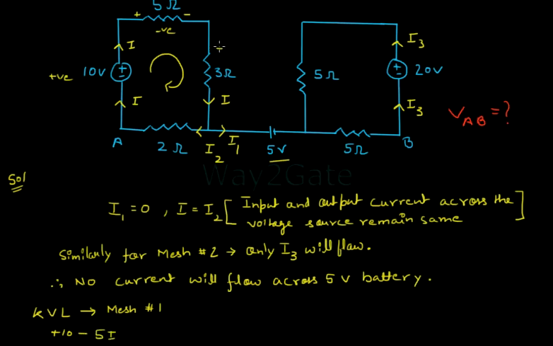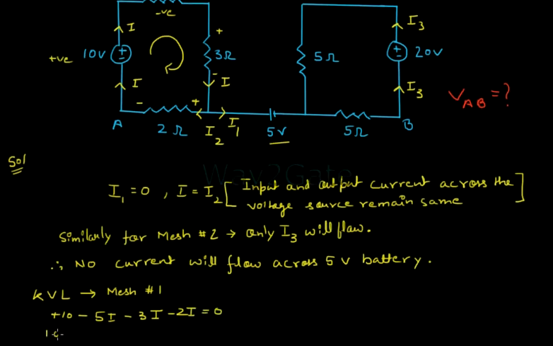Similarly, voltage drop across both 3 ohm and 2 ohm resistance. Hence, minus 3I minus 2I is equal to 0. And I comes out equal to 1 ampere.